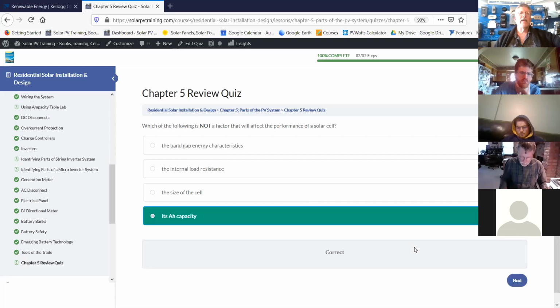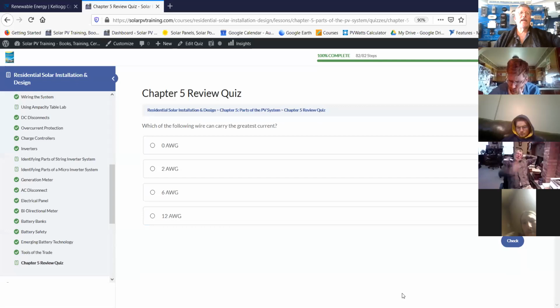They don't generate energy. Energy is power over time. So amp hour is a rating for batteries. Amps would be for power, for panels. There is no stored power in a solar panel. If you set that panel out in the sun, it doesn't store up energy. It either generates it or it doesn't, but it's only generating power.